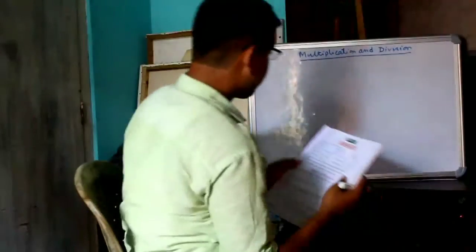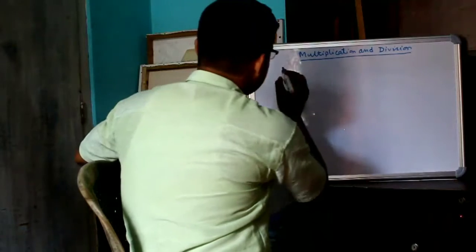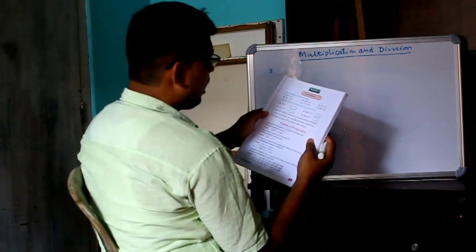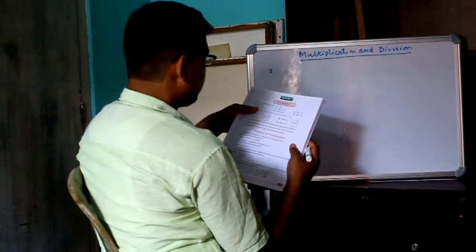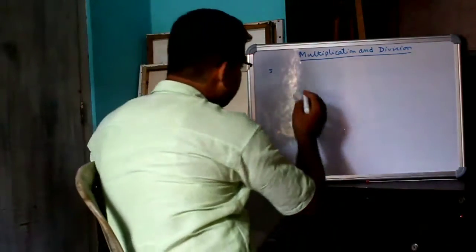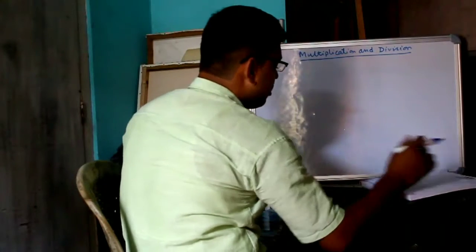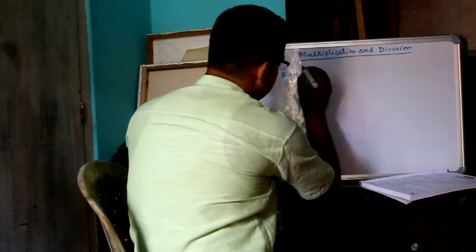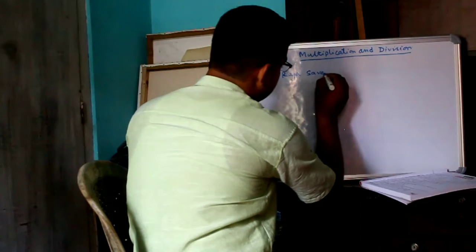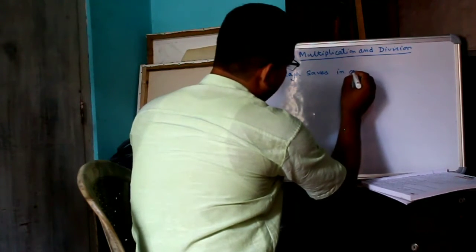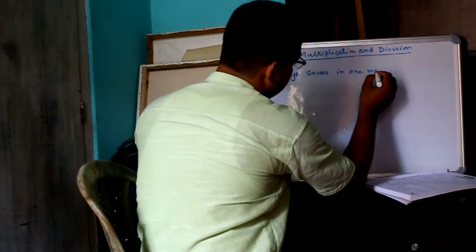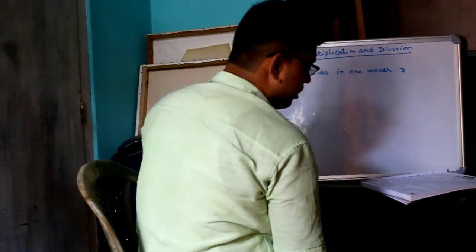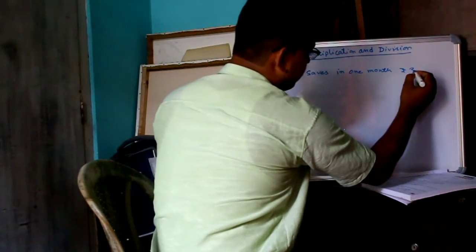See number 3. Raja saves 3,825 every month. So Raja saves in 1 month rupees 3,825.